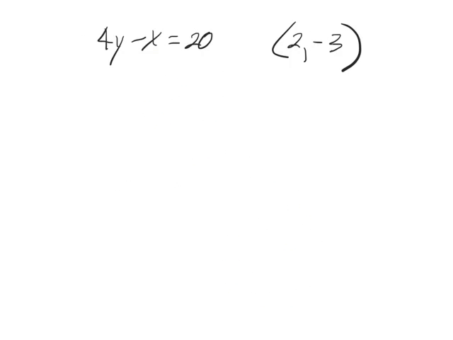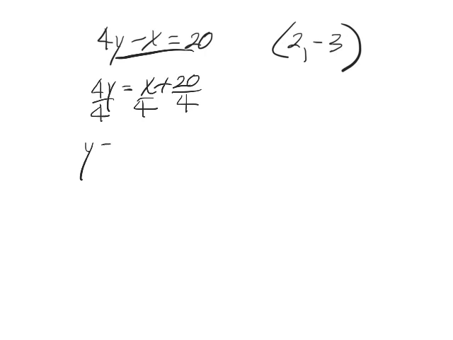So here we go. First of all, we need to find the y-intercept and the slope in order to get this equation together. So first of all, we're going to take that one and write it in slope-intercept form. Then we're going to divide by 4. So the equation that they gave us looks like that.